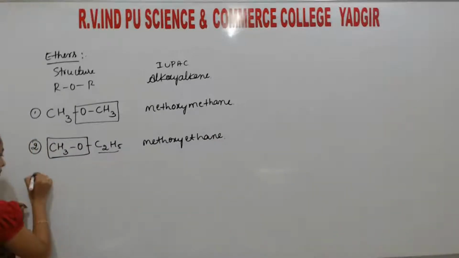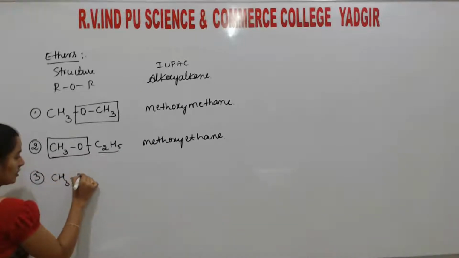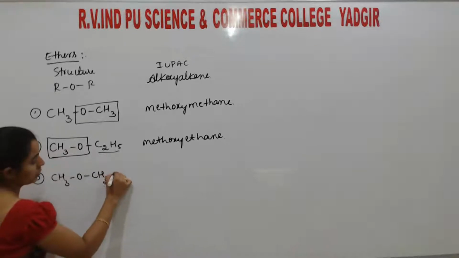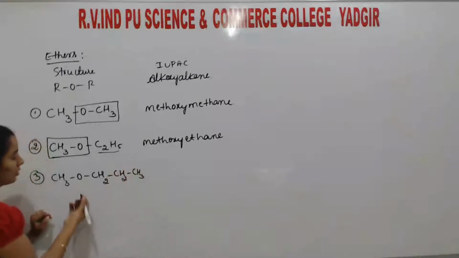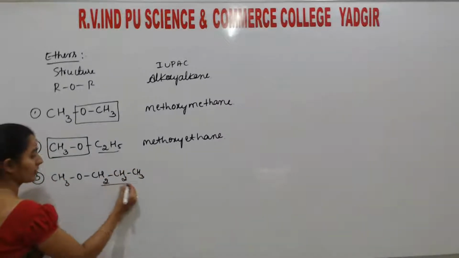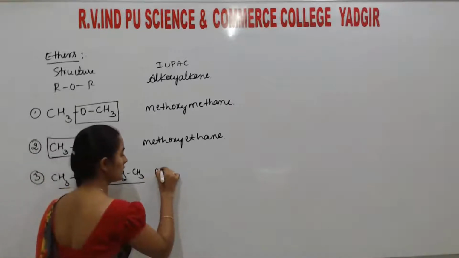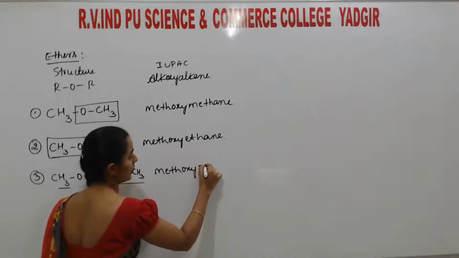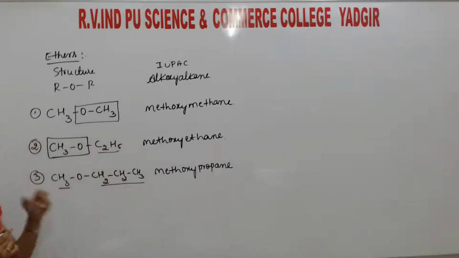So the next, CH3OCH2CH2CH3. Now here, this is 3 carbon atoms, this is only 1 carbon atom. So it is methoxy propane. Methoxy propane. Next.